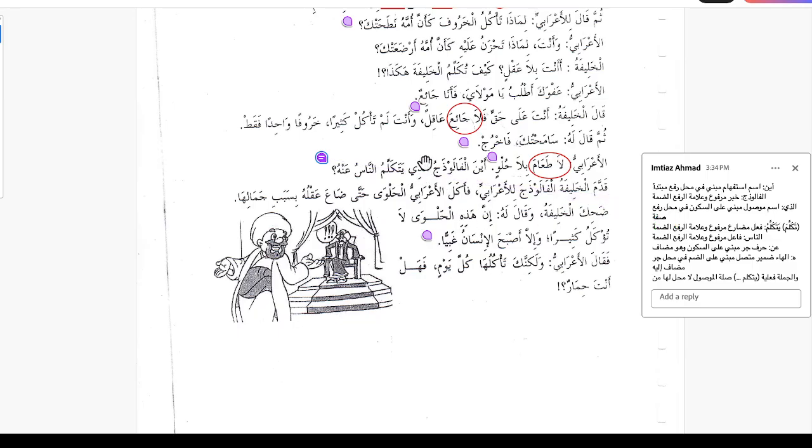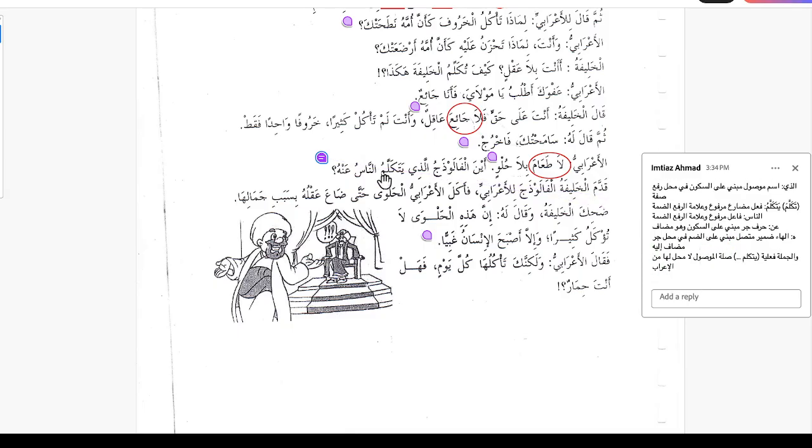So allazi is ism mawsul and is like a sifa for al faluzaju, because this is describing the faluda, that is why it is mabni, but fi mahalli rafin sifa. And yatakallamu, the verb is takallama yatakallamu, fi'lun mudari marfu'un bi alamatir rafi ad-damma, an-nasu is fa'ilun marfu'un bi alamatir rafi ad-damma, anhu is jarun wa majrurun, and this whole jumla fi'liya is sillatul mawsul, la mahalli laha min al-i'rab, it has no function in i'rab.